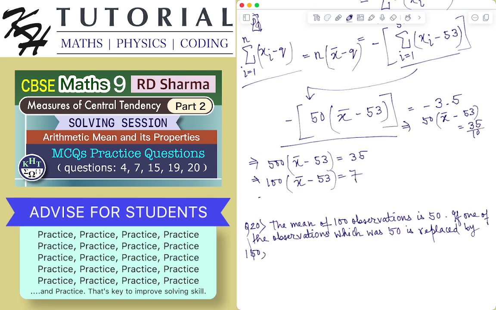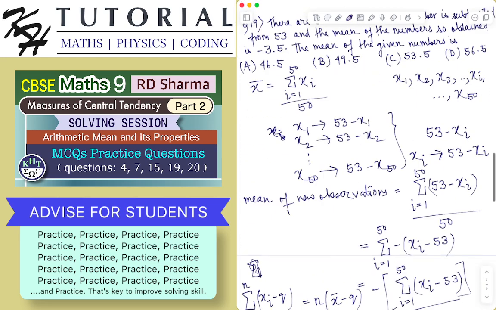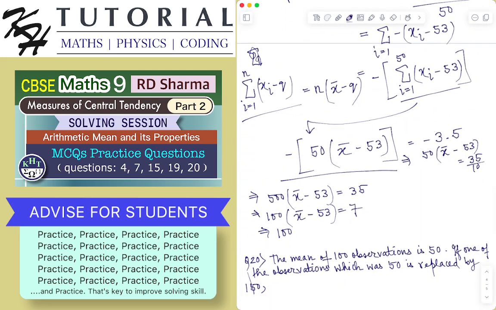Now we can expand. This implies 100 x bar minus 5300 is equal to 7.